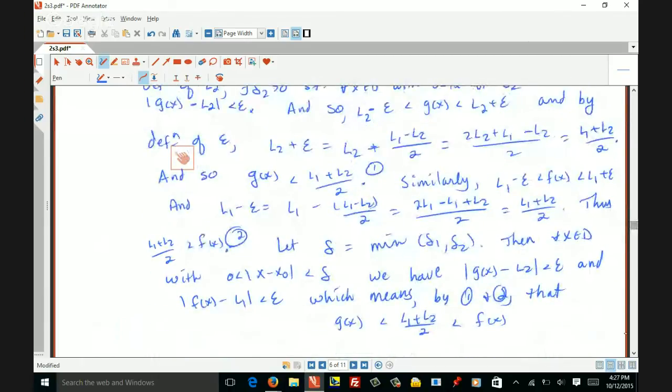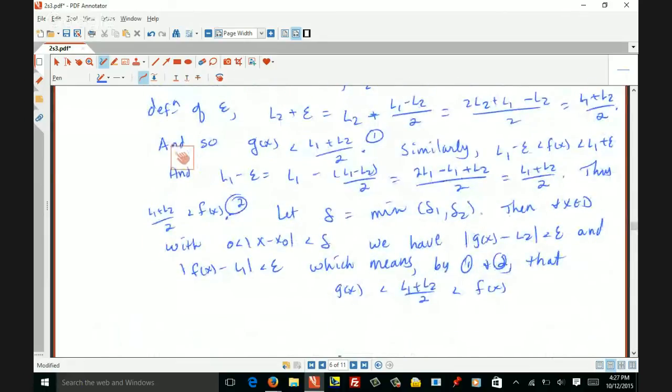I said g of x is less than f of x, which is a contradiction. Thus, L1 went with f of x, so L1 is less than or equal to L2, as desired.